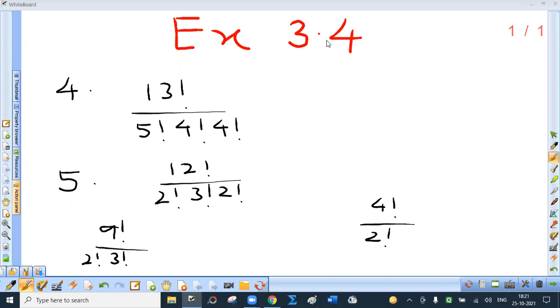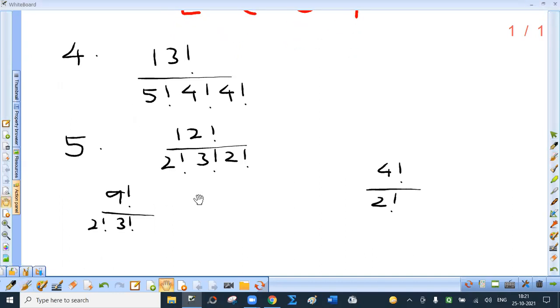Therefore, total number of arrangements equal to 12 factorial upon 2 factorial into 3 factorial into 2 factorial. Don't simplify this. So this is the first part.